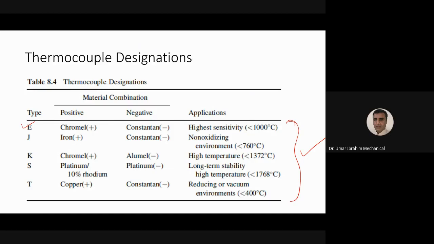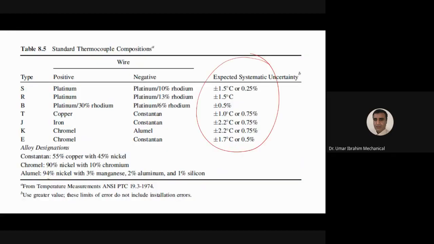K-type thermocouple is a higher temperature thermocouple compared to E and J. S-type thermocouple has long-term stability and can be used for very high temperature, up to or less than 1768 degrees C. And T-type thermocouple is recommended for reducing or vacuum environments of temperature less than 400 degrees C. So you can decide on the basis of these criteria, or you can use this table.